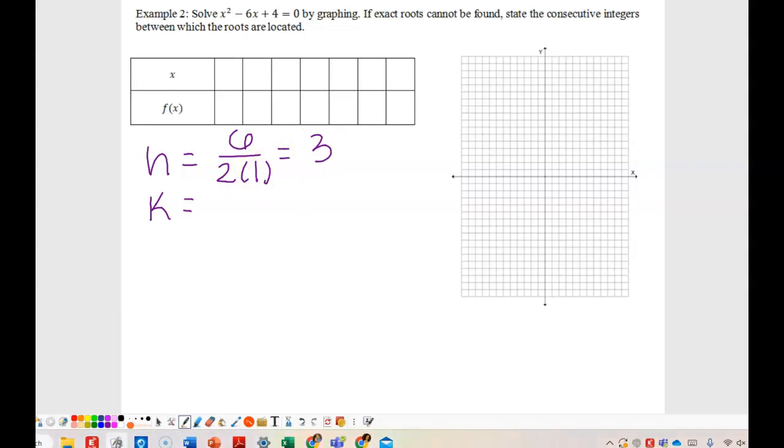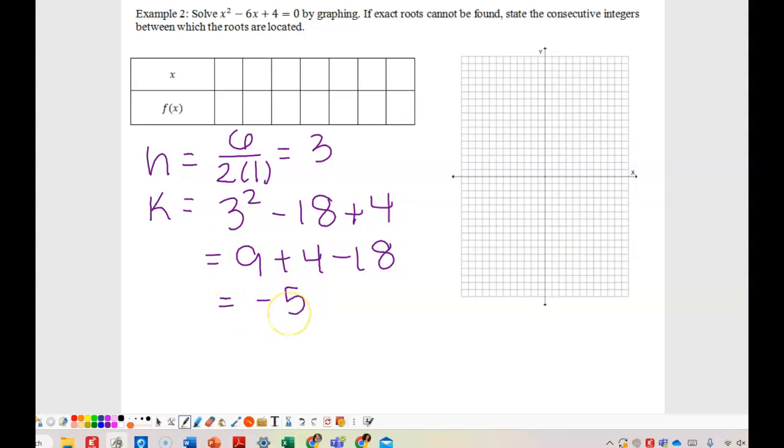We're going to take that 3 and plug it in. So we have a vertex at 3, -5.